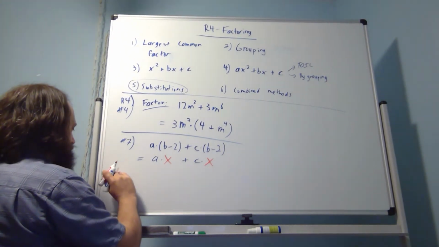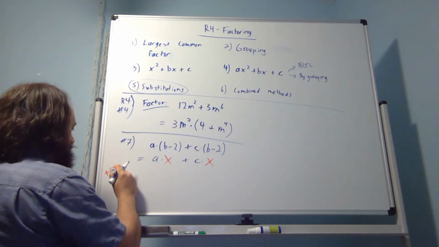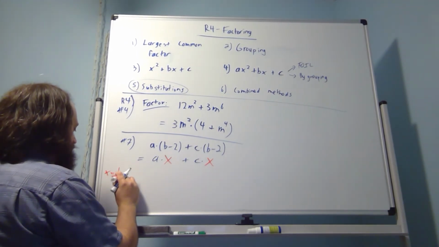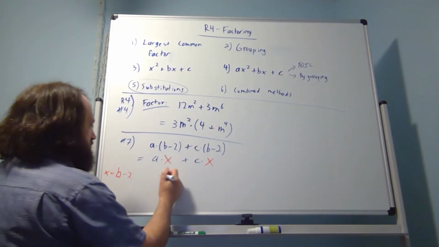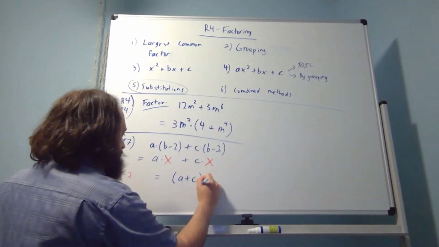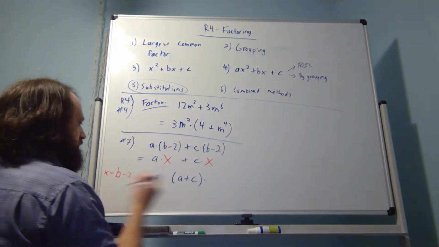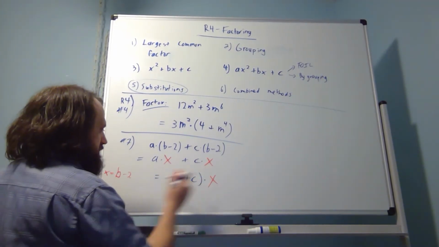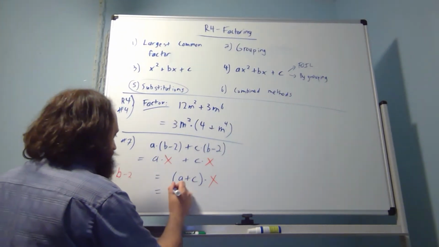Sorry, it's not C, it's B minus 2. So this is how many copies of X? I have A plus C copies of capital X.